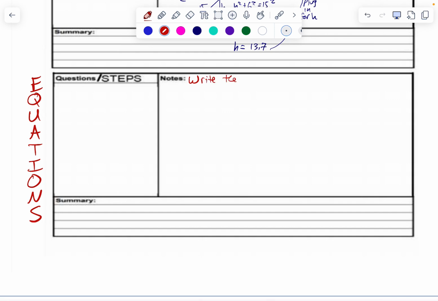Write the equation of a line through, and I'm just going to give you 2 points.